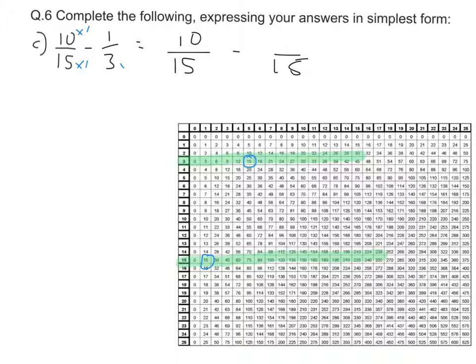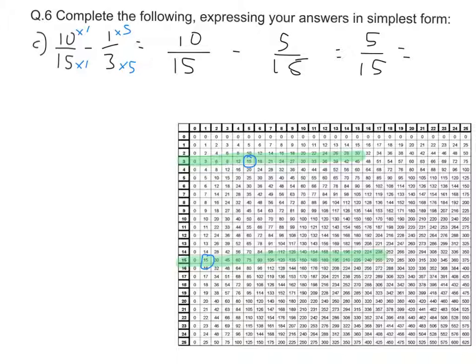So I've multiplied that by 5. Whatever I do to the bottom I do to the top. 1 multiplied by 5 is 5. Okay, so now I have the same denominator. I can go ahead and minus the numerators. So 10 minus 5 is 5. I keep the denominator the same.